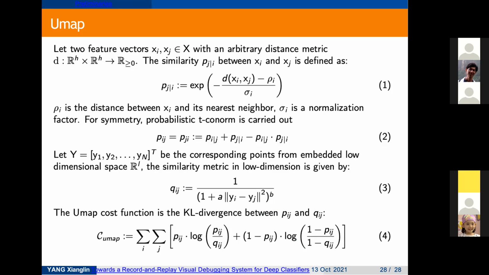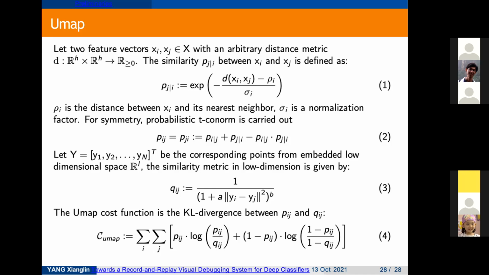And then in low dimensional space, you will use a Student t distribution to measure the similarity between any 2 points i and j. And finally, they will use this KL divergence to match p_ij and q_ij.